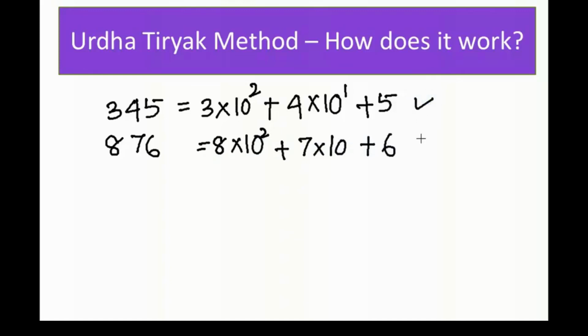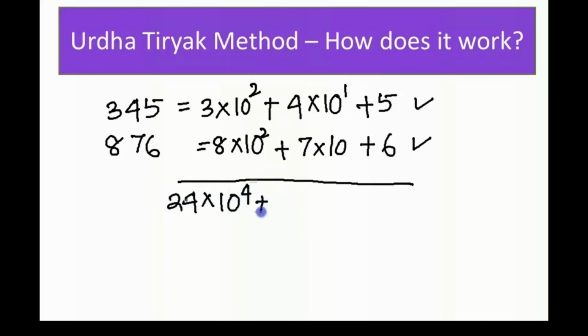To put these numbers into the ax² + bx + c format, I can write 3 into 10², plus 4 into 10, plus 5. Similarly, I can write 876 as 8 into 10² plus 7 into 10 plus 6. So now this represents ax² + bx + c and this represents dx² + ex + f, so the formula goes like this.